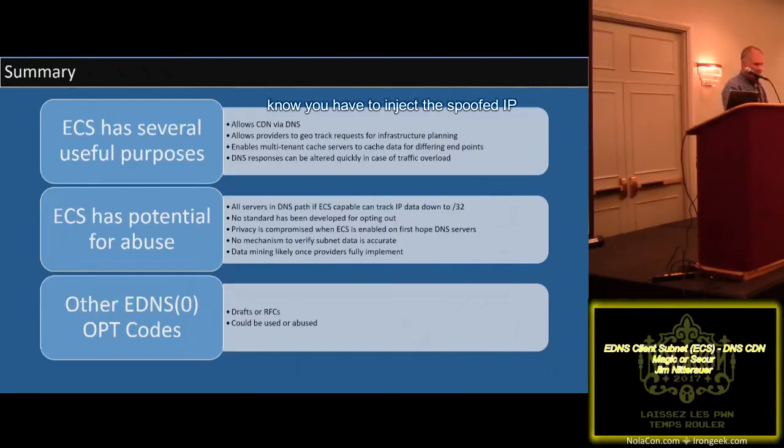So then you have to inject spoofed IPs into the packet so that the upstream provider doesn't replace that data. Well, the next server up would add it back if it supports it. Because remember, your UDP packet has a header in it that has the IP address that it's coming from, so if the ECS data is not there, it'll just put that in the ECS data to move forward.